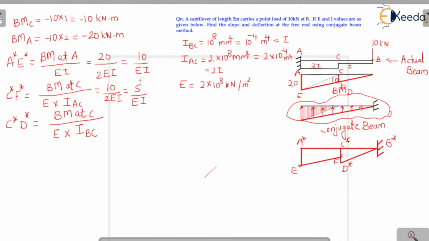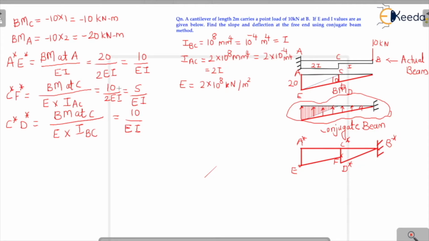So IBC we will be using. So it is again 10 by EI, because there is no change. Bending moment at C is 10 and this is EI only. So this way we have calculated A star E star, then C star F star, and C star D star, three ordinates over here.